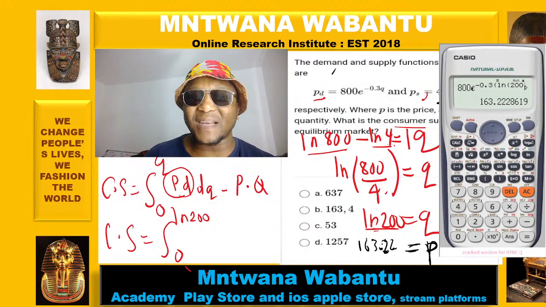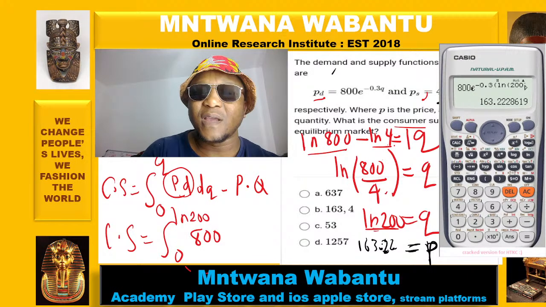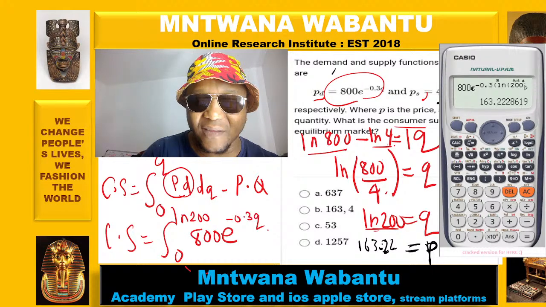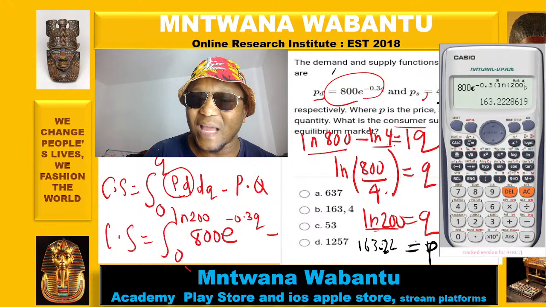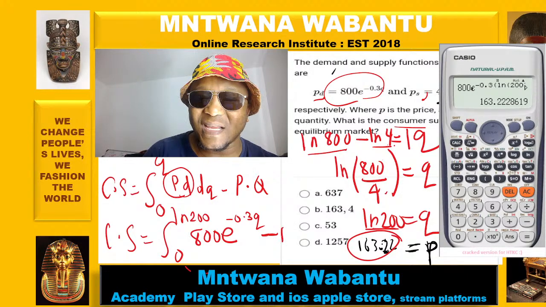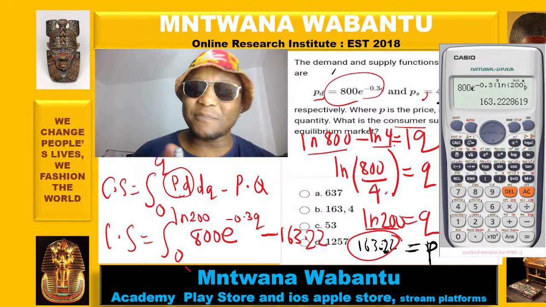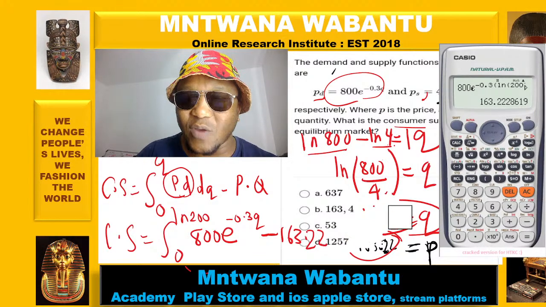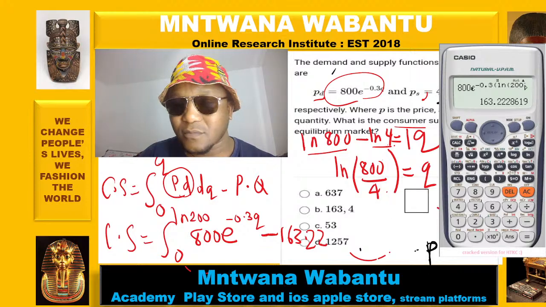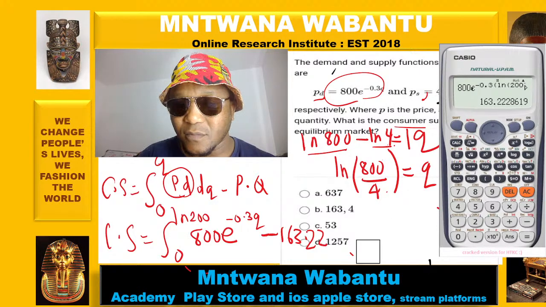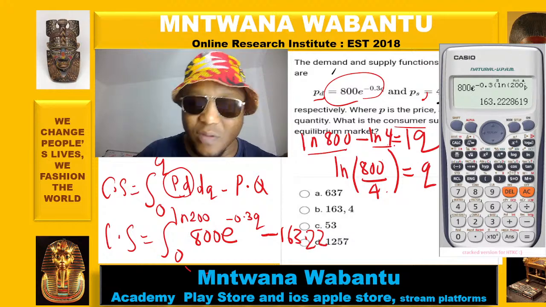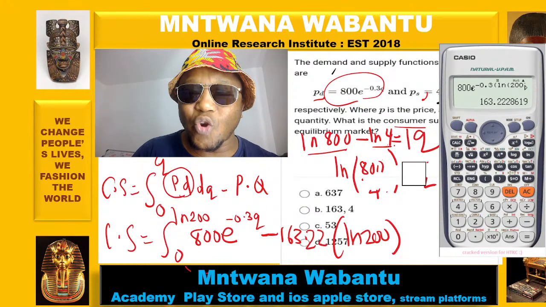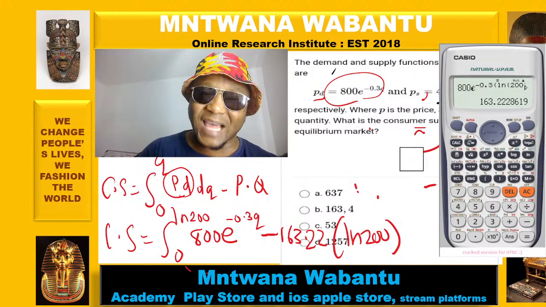PD, price of demand, equals 800 e to the negative 0.3 Q dQ, minus P times Q. Our P equals 163.22 times Q, and our Q is ln of 200. So what we can do now is just do normal solving and find the value. That's all we need to do.